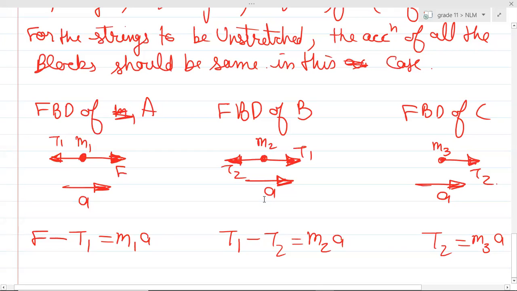Cyril, can you explain the third equation to me? This one, T2 equals M3A. Sir, I don't understand it.